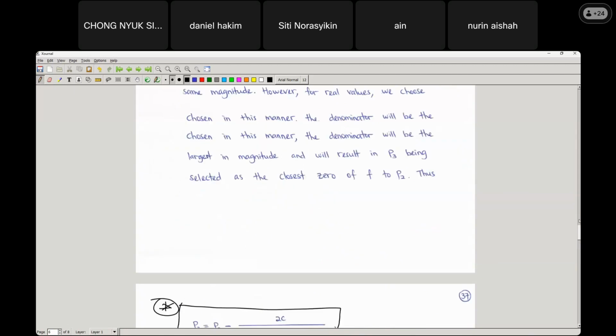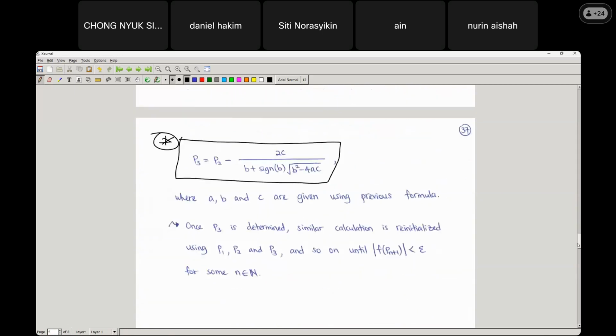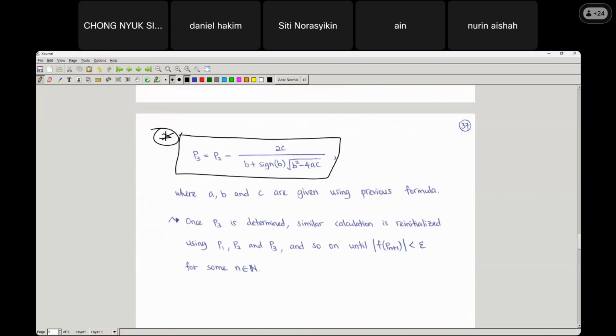The sign of this must agree with the sign of B. That's why I summarize it in this form with sign B. So be careful. Let me highlight the sign B here.